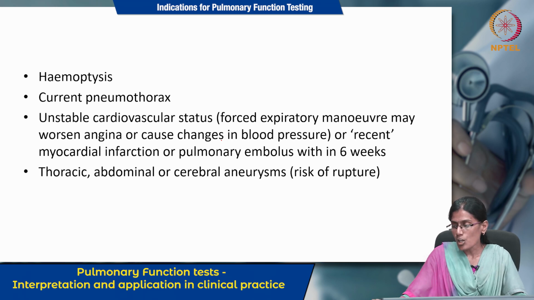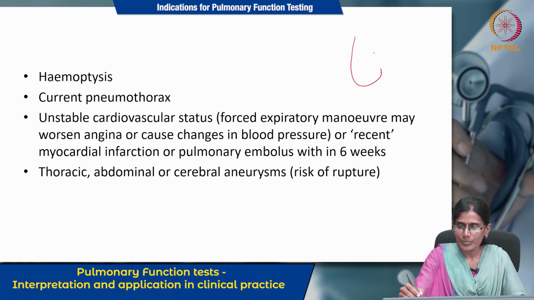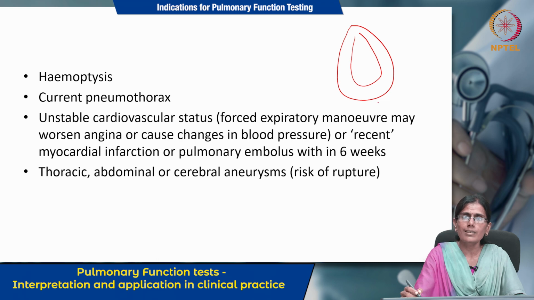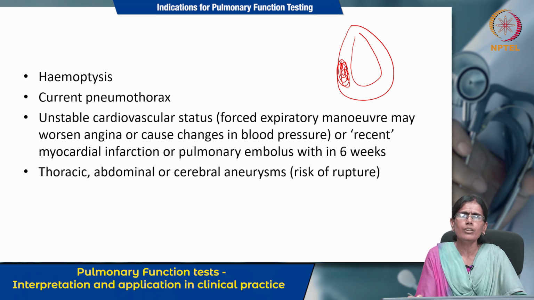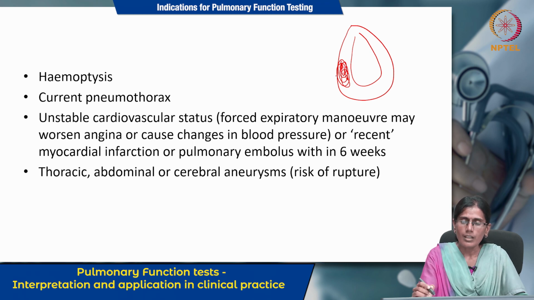And pneumothorax. What is pneumothorax? For example, this is the lung. This is the surrounding pleura. Okay, pneumothorax is nothing but there is air in the pleural cavity. Usually in pleural cavity there will be only minimal amount of fluid. There is no extra fluid or there is no air. If there is accumulation of air in the pleural cavity, that is known as pneumothorax.